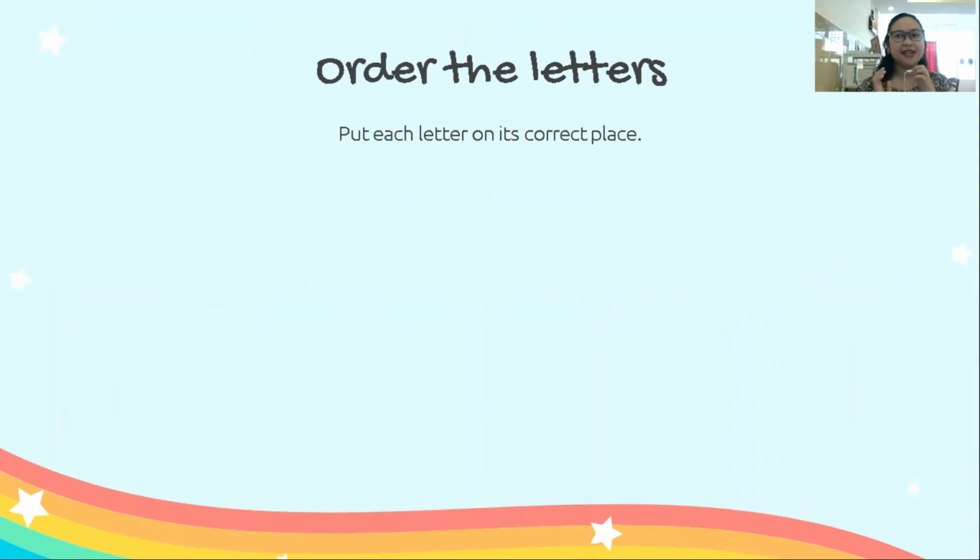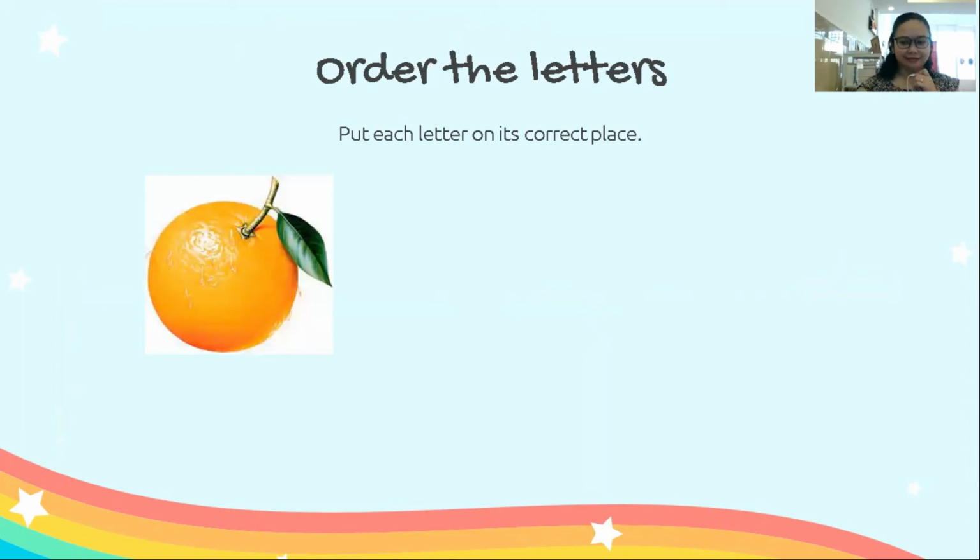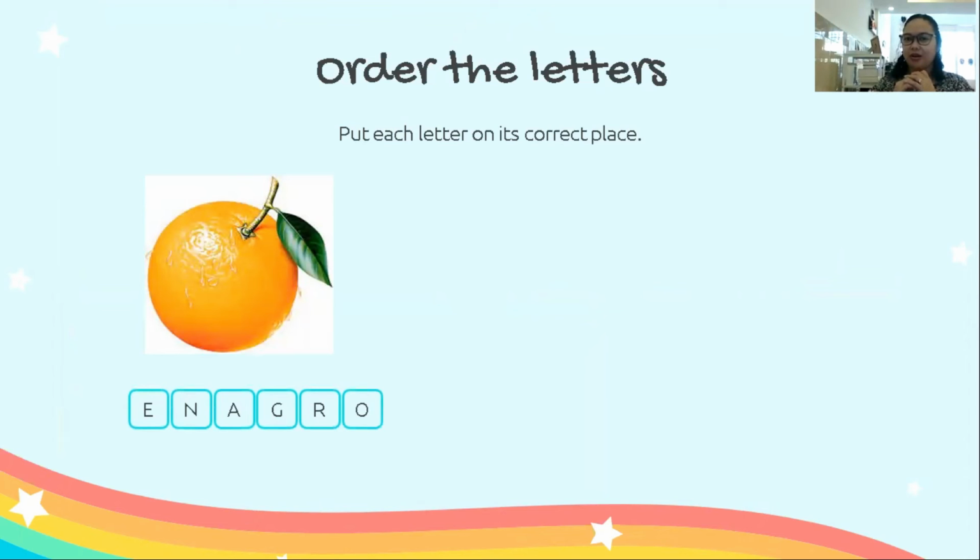Now let's move to our exercise. Before we end this lesson video, let's review first. Now what we are going to do is order the letters. Put each letter in its correct place. So get your board and marker and try to answer this one. What's this? That means you have to order the letters.